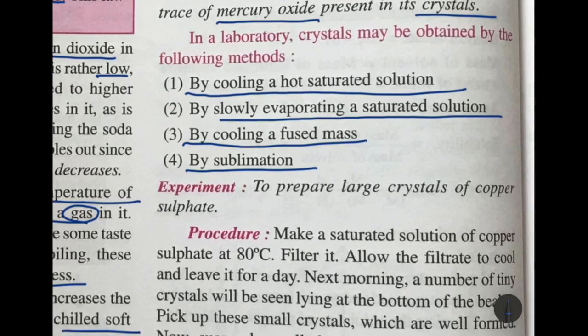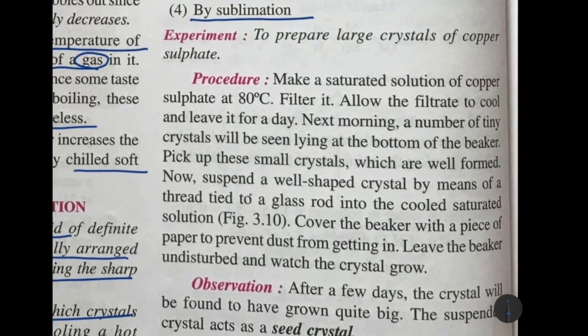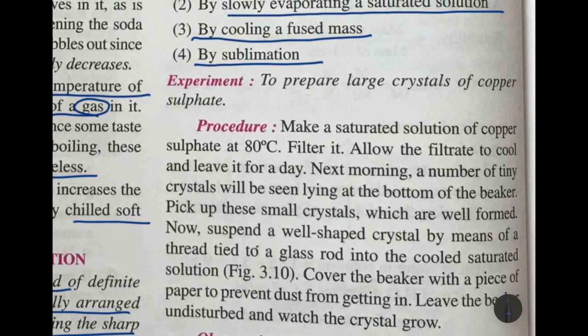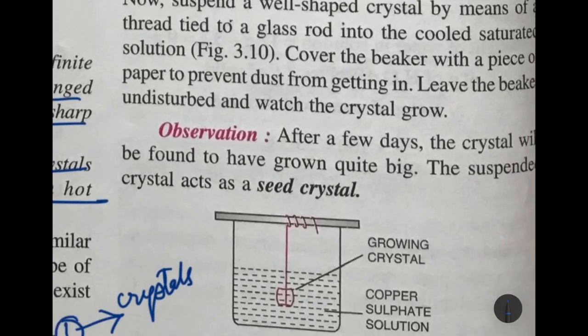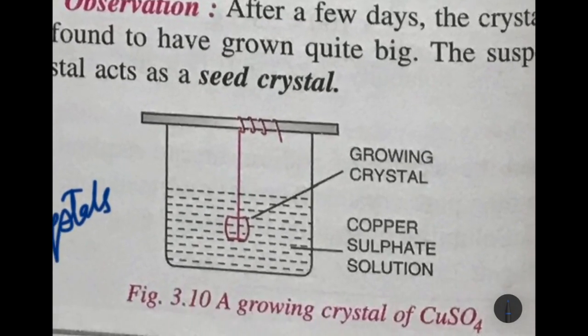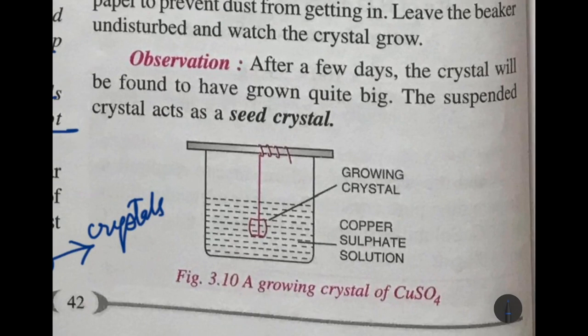Okay. Now there is a method to prepare large crystals of copper sulfate. For this what you have to do is very simple. Take a look at this diagram. First we have copper sulfate solution which is saturated, and the temperature is 80 degrees Celsius.